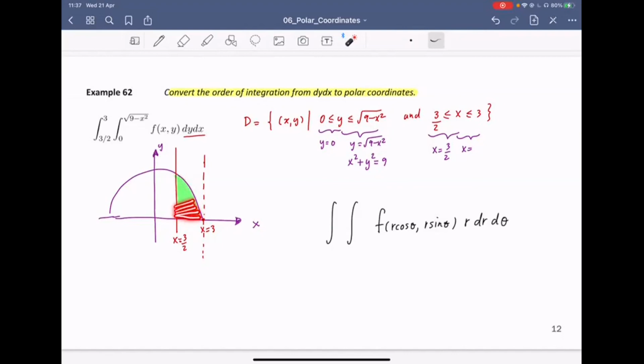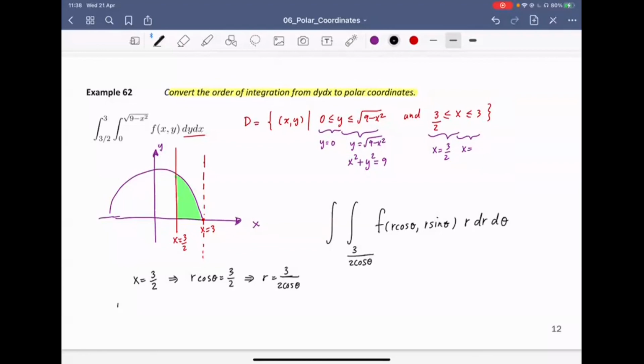Because as the picture I showed you before. So, we look at the equation x equal to 3 over 2. This is the same thing as r cosine theta equal to 3 over 2. And this is the same thing as r equal to 3 over 2 cosine theta. Well, this is going to be your bottom curve.